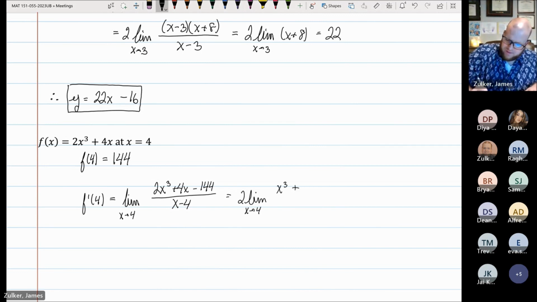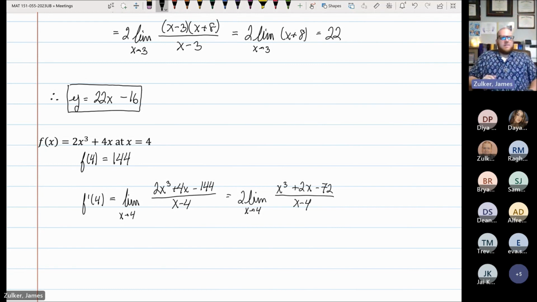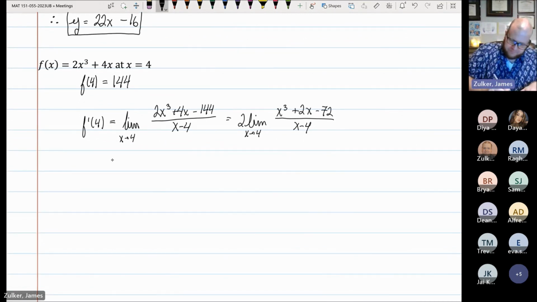And factor out a 2. Right? Very useful trick, because as it stands right now, it does not look like we can do factor by grouping.